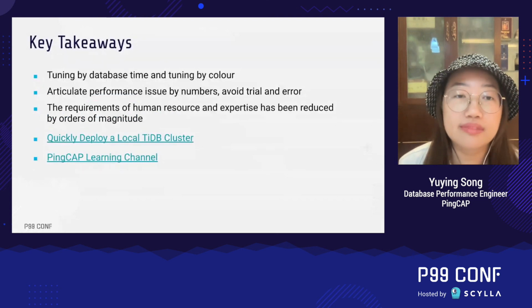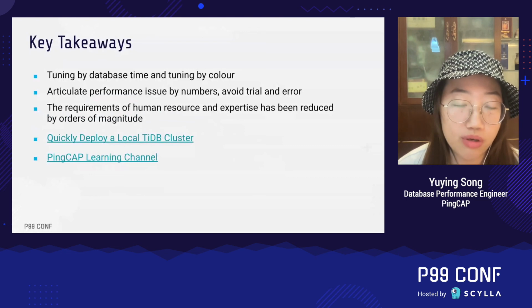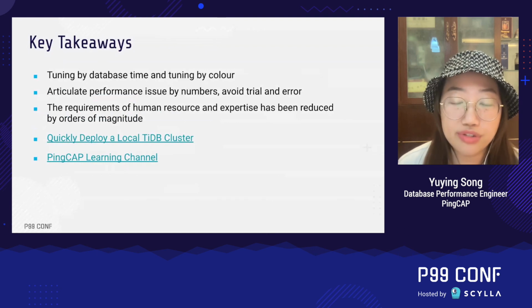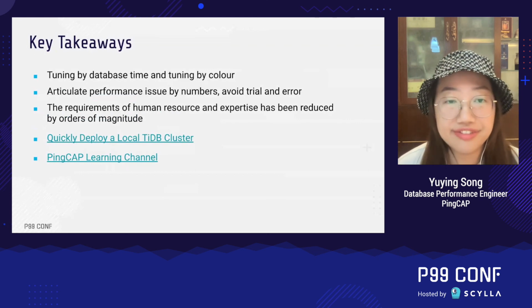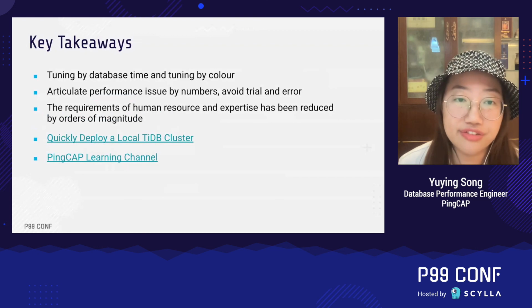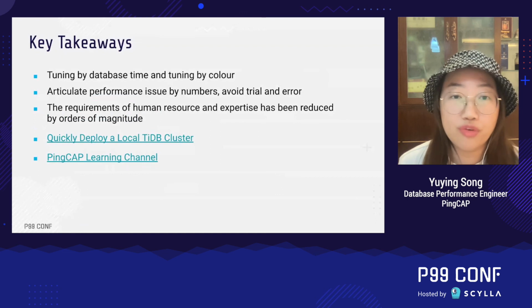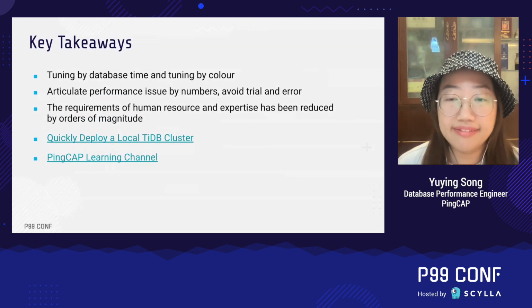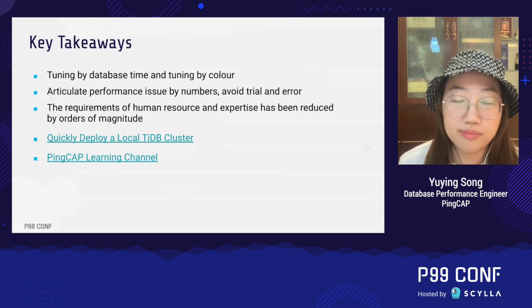Now, here comes the key takeaways for today's session. First, we introduce tuning by database time and tuning by colors, two methodologies that have been adopted by the industry for decades. And second, how it helps us to shorten the performance tuning time, to articulate performance issues by numbers and avoid trial and error.